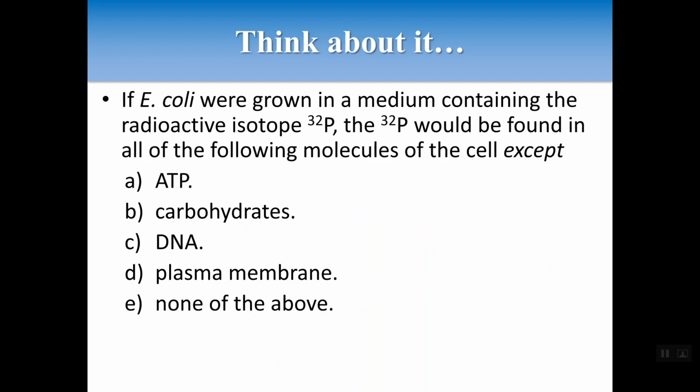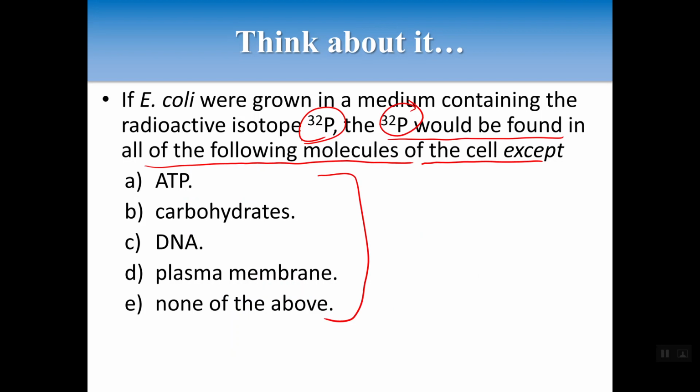All right, similar question, except this time we're growing our E. coli in a fancy media that has 32P. So which of the following would we find then that 32P incorporated? So again, this is just a fancy way of asking which of these contain a phosphorus atom. So ATP is a molecule that is the precursor to our nucleotides.